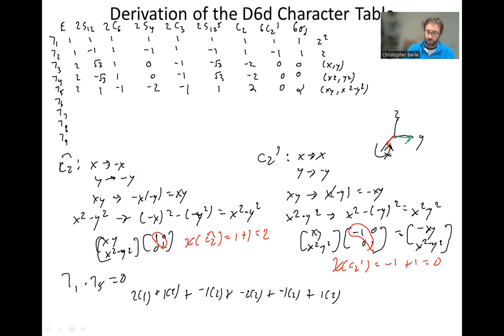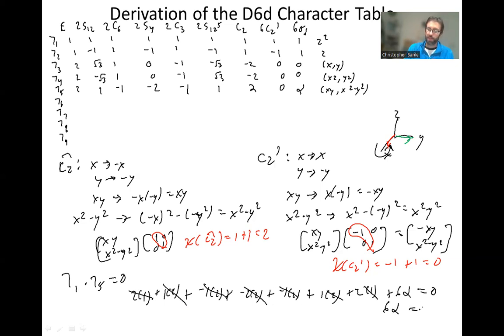2 times 1, under C2, and 0, so I'm not going to write it, plus 6 alpha, and all that, that's a dot product, must be equal to 0. I have a 2 times 1, that's a positive 2, I have a negative 2 there, those cancel, positive 2 and a negative 2, and I got two positive 2's, that's positive 4, and a negative 4 there.